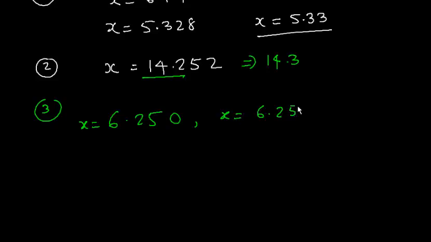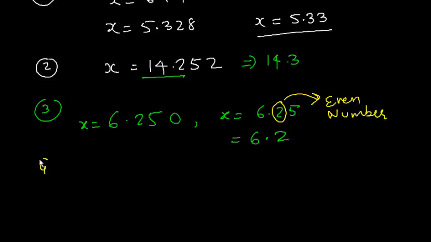Then x will be 6.2 in 2 significant figures. Why? Because before this 5, this is an even number. And in case there is an even number, we do not change it if the next digit is 5.